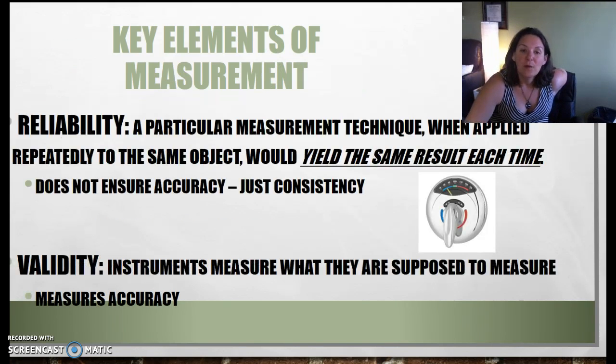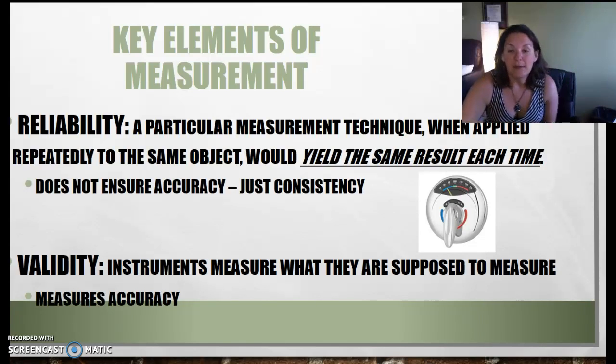Okay. Now we want to talk a little bit about the elements of measurement. And this is where we talk about reliability and validity. So reliability is about consistency. The definition of reliability is a particular measurement technique when applied repeatedly to the same object yields the same results every time. So this doesn't necessarily mean something is accurate, it just means something's consistent.